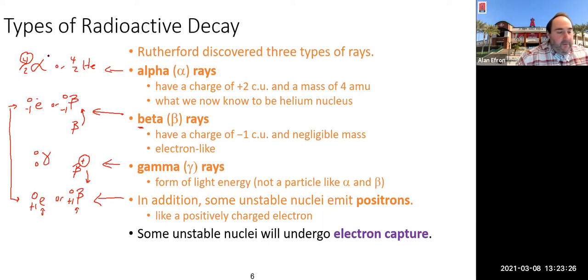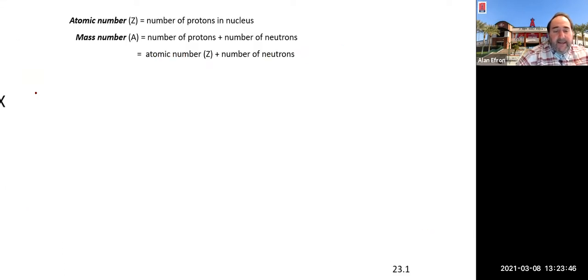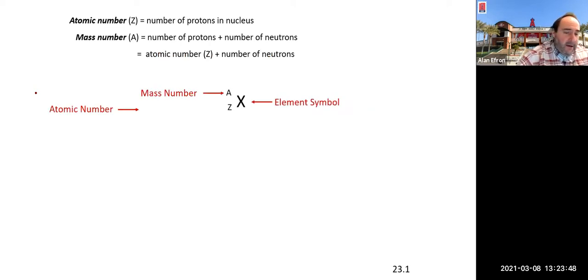Hopefully you remember, but just a reminder, that top number there is our good friend, the atomic number. Our bottom number is the mass number, right? So that's what those refer to. Just to remind you what those mean, the atomic number is the number of protons that you find in the nucleus of an atom.